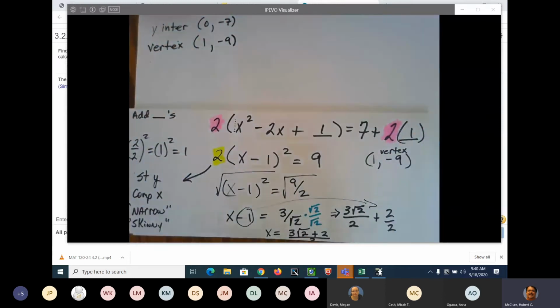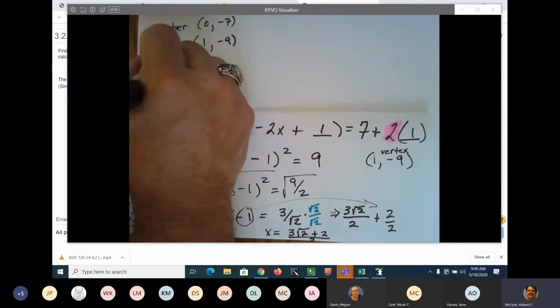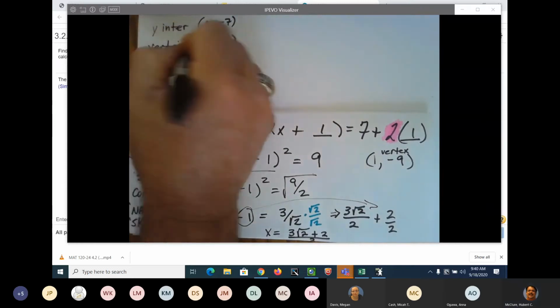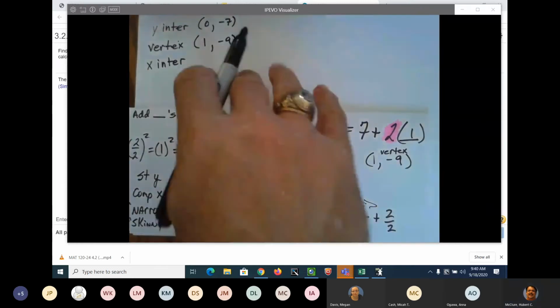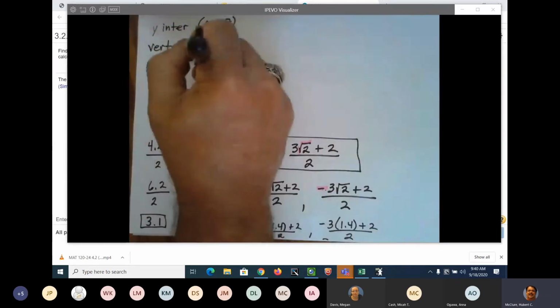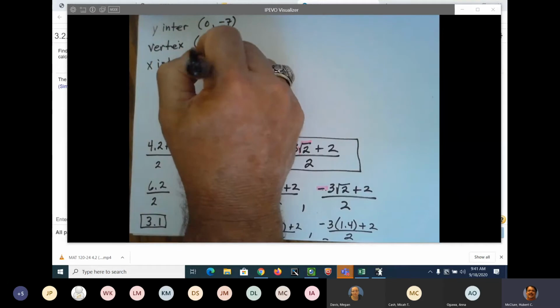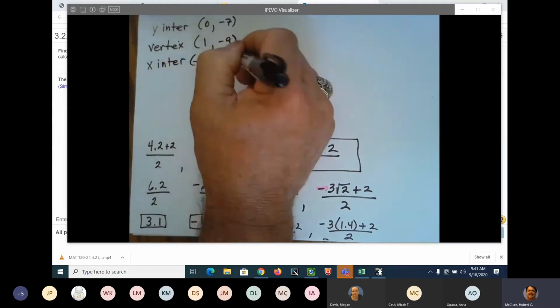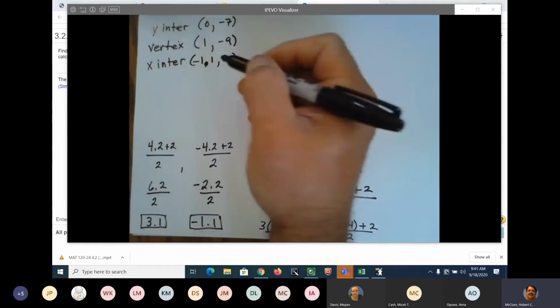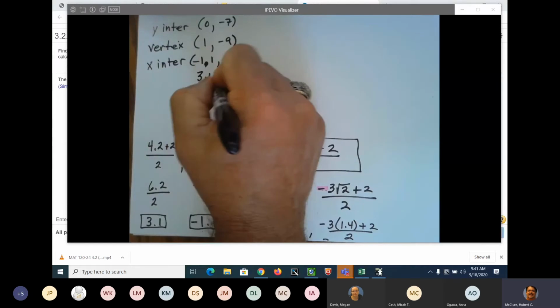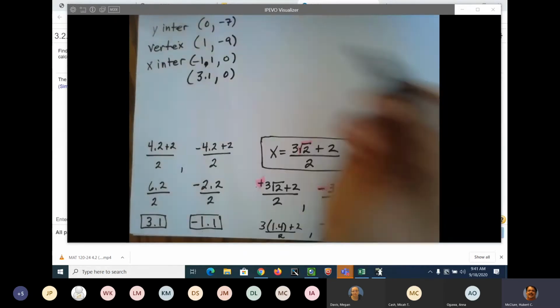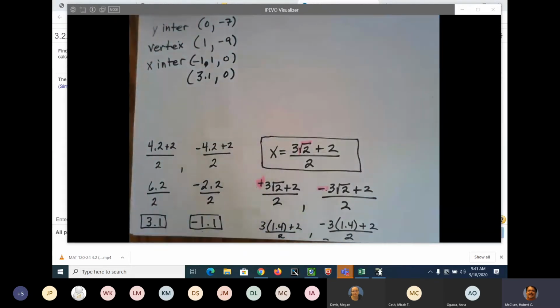And our x-intercepts are (-1.1, 0) and (3.1, 0). All right, now I want y'all to sketch the graph. Give me the domain, range, increasing, decreasing, and line of symmetry. Go ahead.